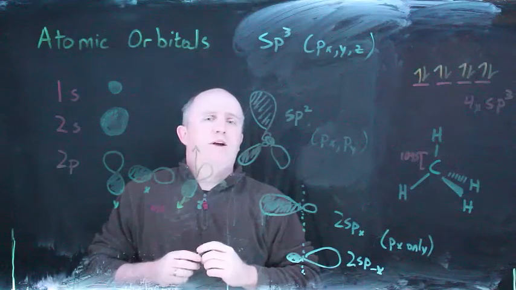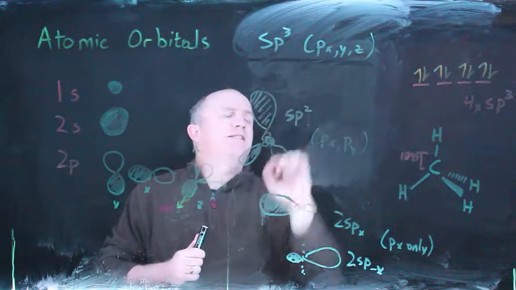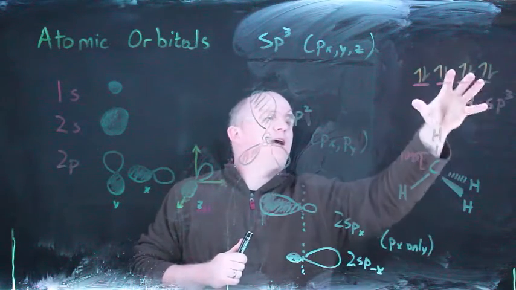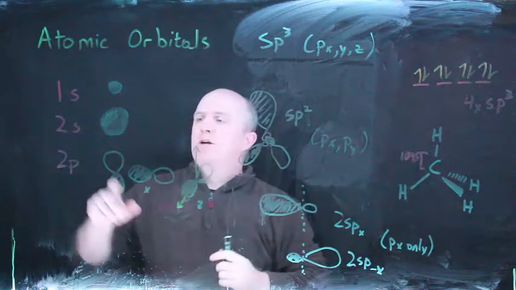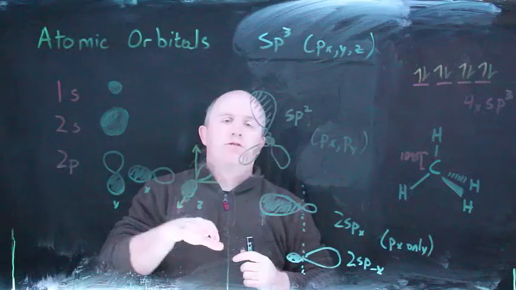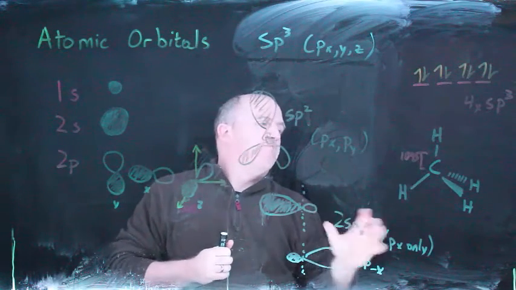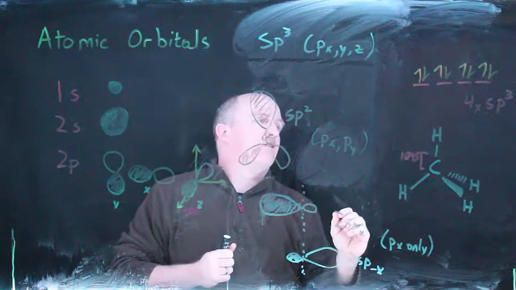So the last thing to think about here is that when you are using an sp3 hybridized set of atomic orbitals, when you have used every single one of the p orbitals, then obviously there are no p orbitals left over. You have created 4 new orbitals because you mixed together the 2s and the 3 2p's, and that has led now to this best case scenario of being able to spread something out 109.5 degrees from each other.